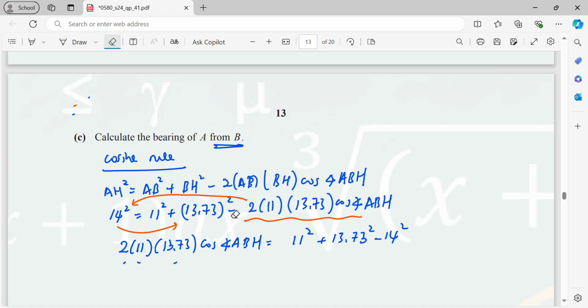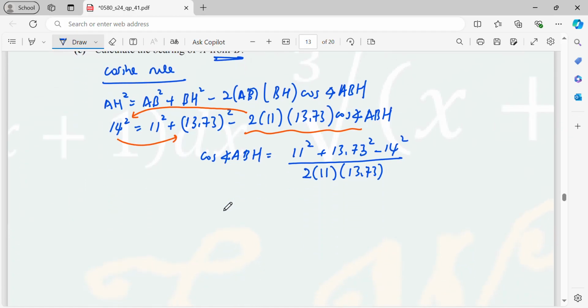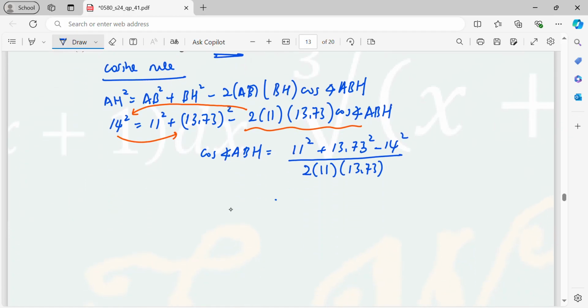So I directly move down. Then it becomes over 2 times 11 times 13.73. Okay, then from here, you will be getting the answer of 0.3758. Then now my angle will be arc cos, and this is going to be 67.93 degrees.